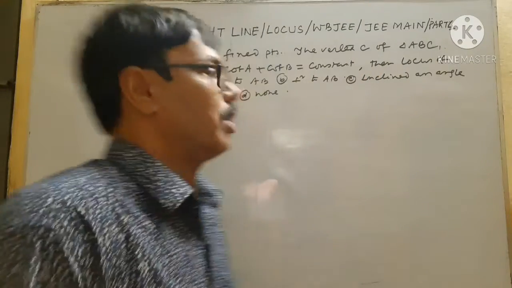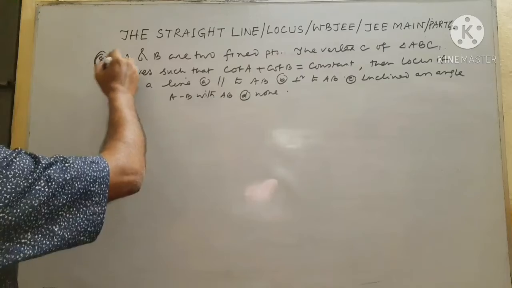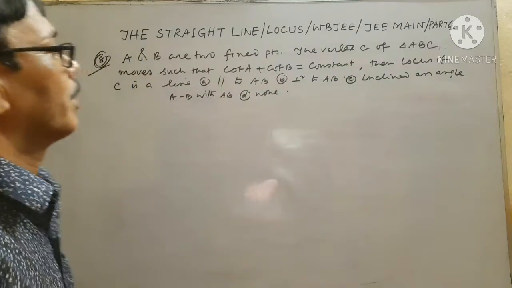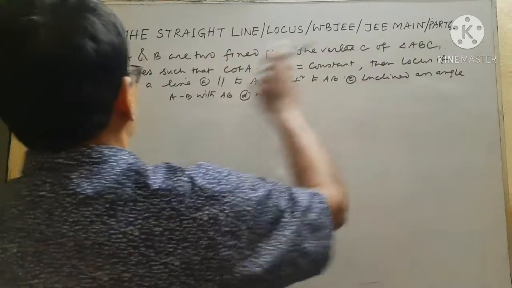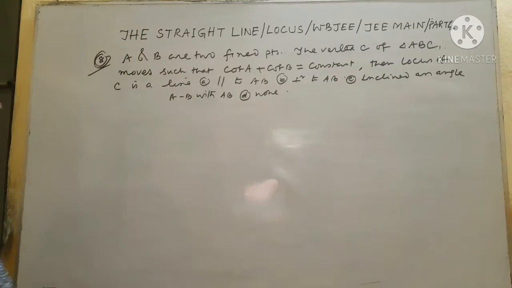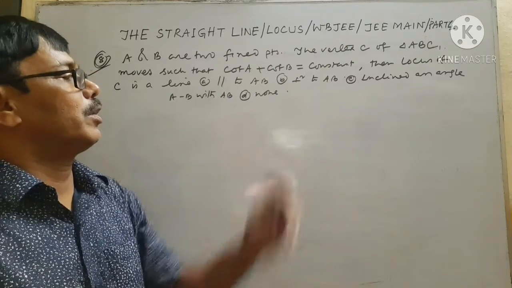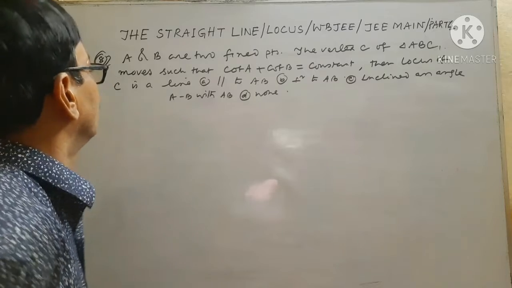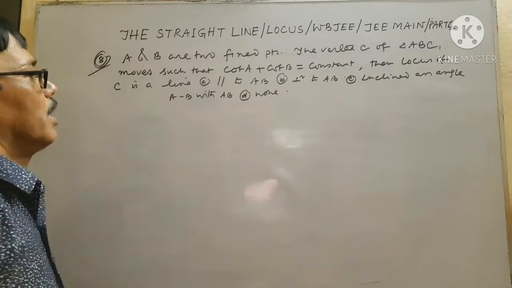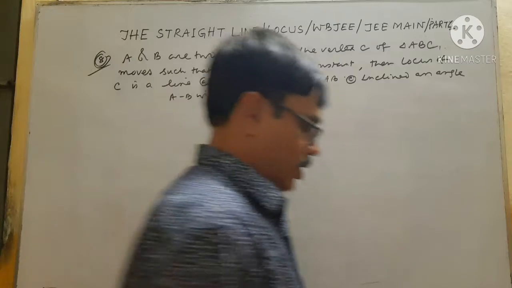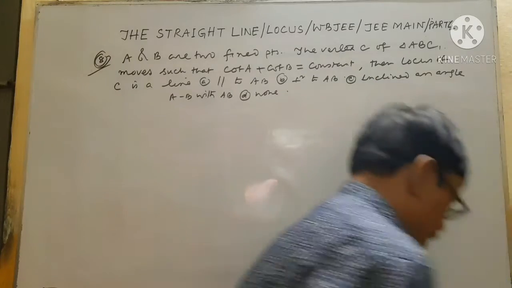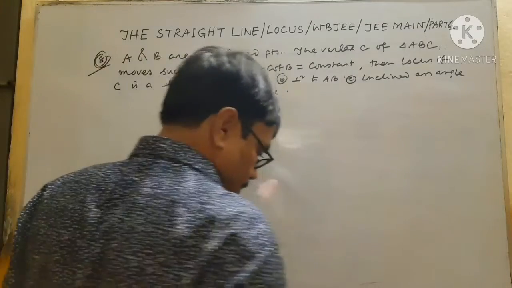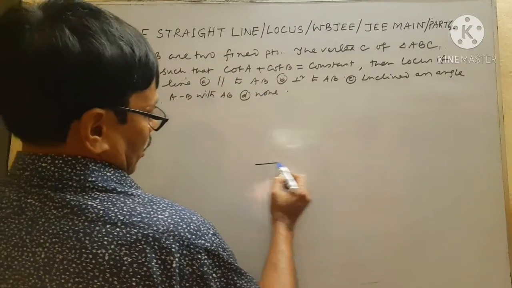Now we consider problem number 8. Let A and B be two fixed points. The vertex C of triangle ABC moves so that cot A + cot B equals a constant. Then the locus of C is a line which is parallel or perpendicular. So let us draw the figure.